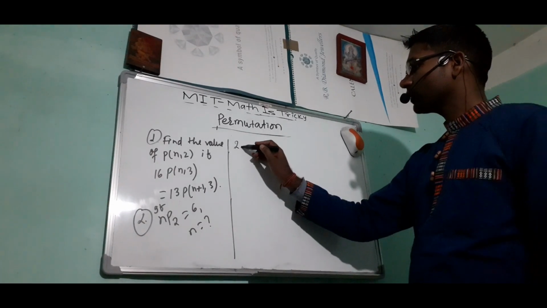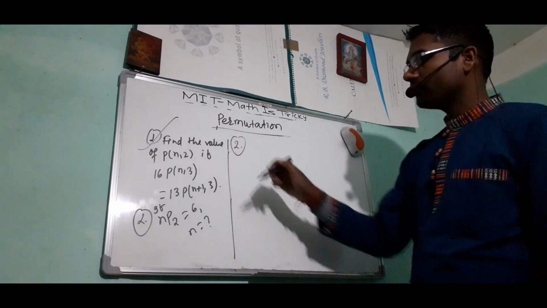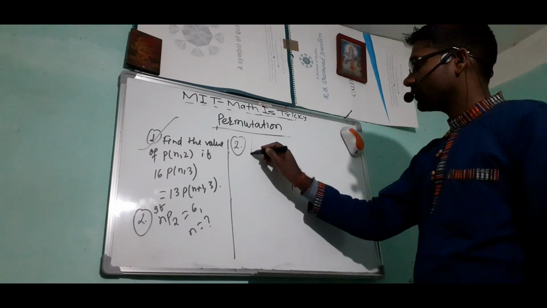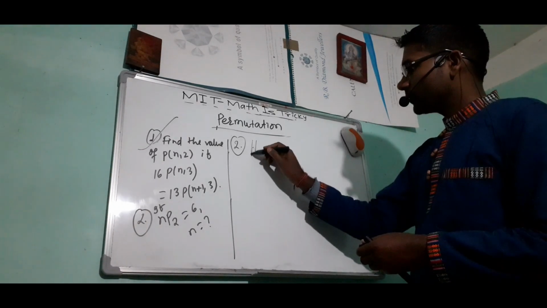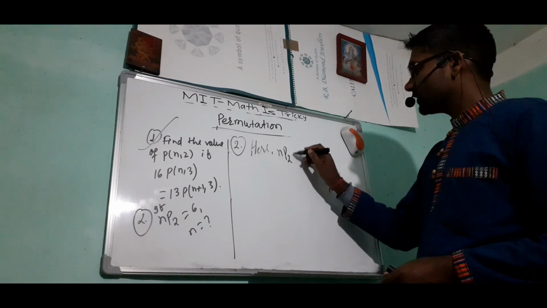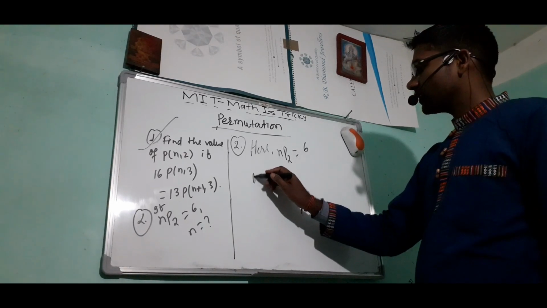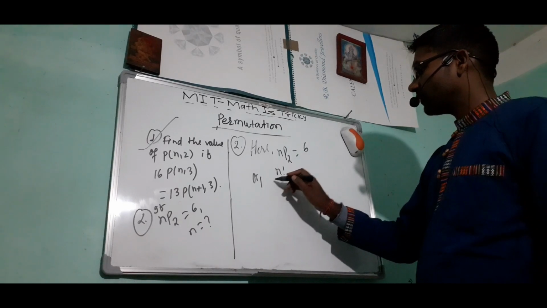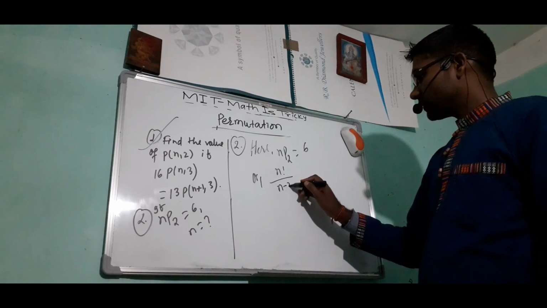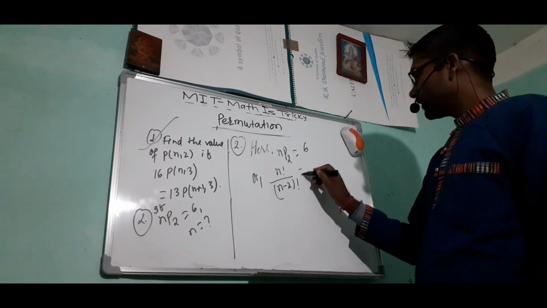Okay, number 2. For this we have solved the first one. Now for 2, let's start with the given one. P(n,2) is given as 6. So as we discussed here, the formula we can write is n factorial by (n minus 2) factorial equals 6.